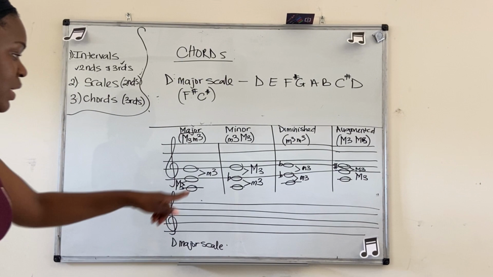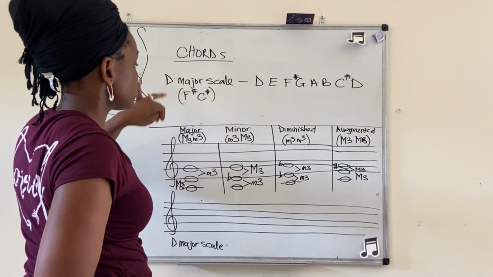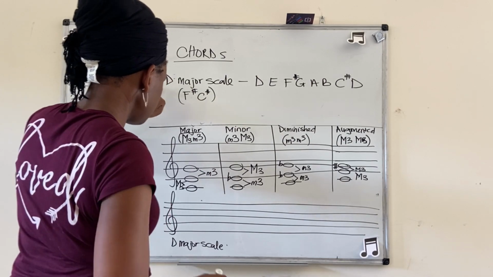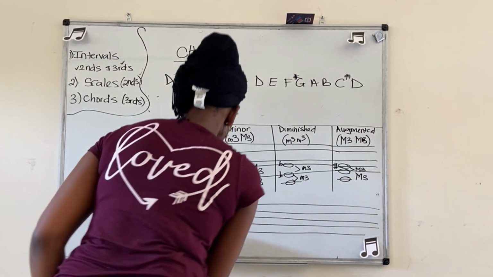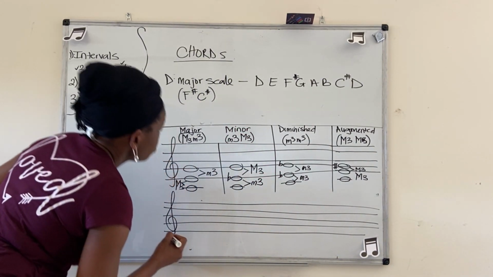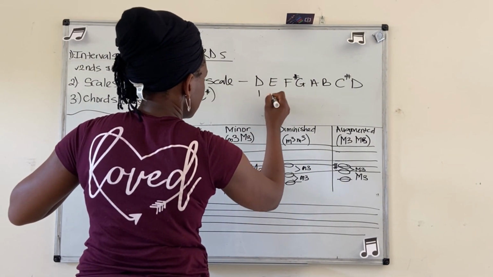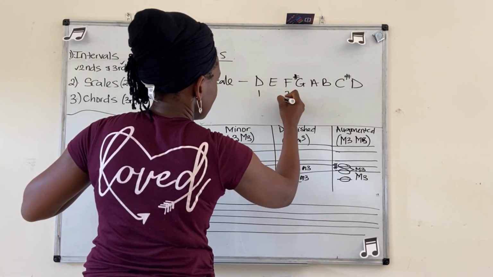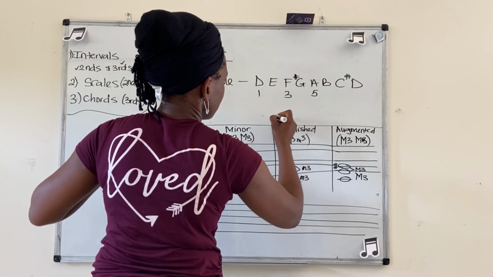And let's see how it applies in these formulas. If I want to form a D major chord, this is what I would do. I will put our 1, 3, and 5.